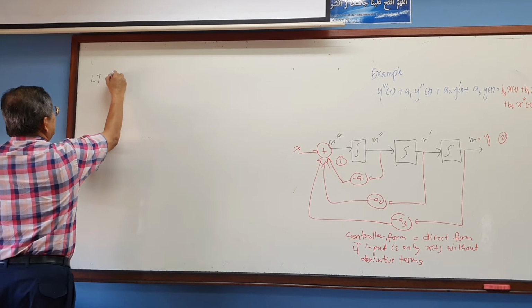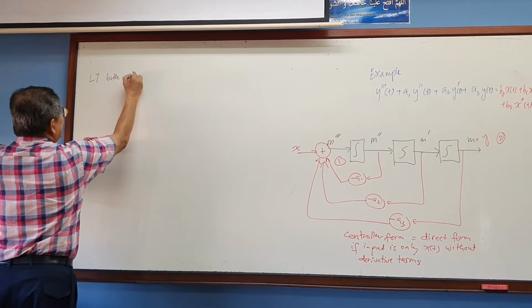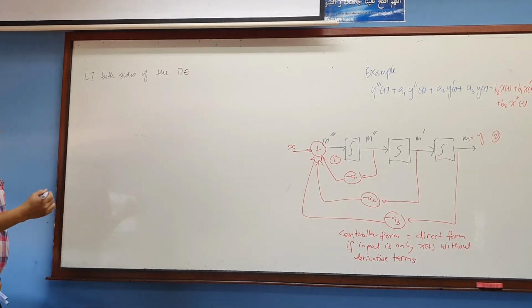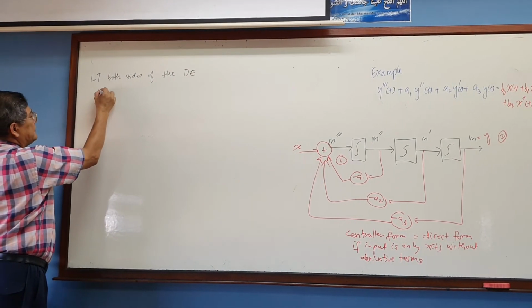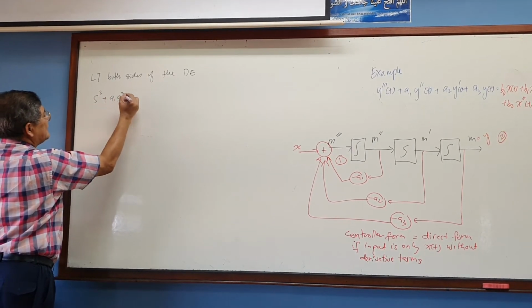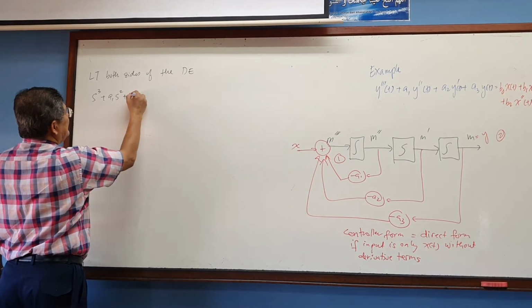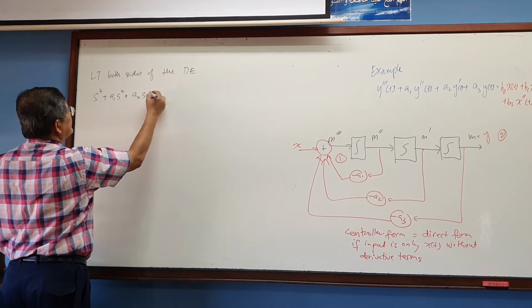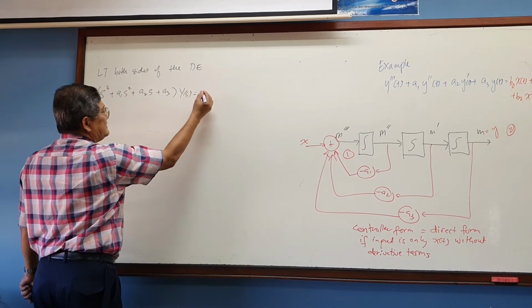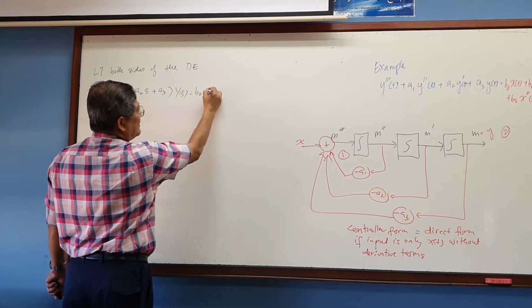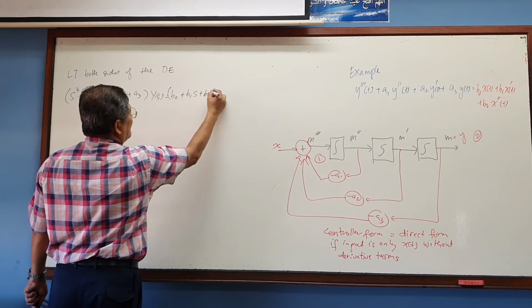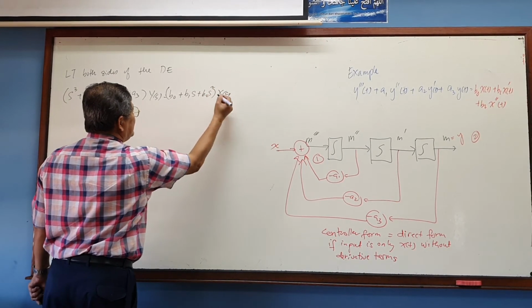So you have s cubed plus a1 s squared plus a2 s plus a3, Y(s), is equal to b naught plus b1 s plus b2 s squared, X(s).